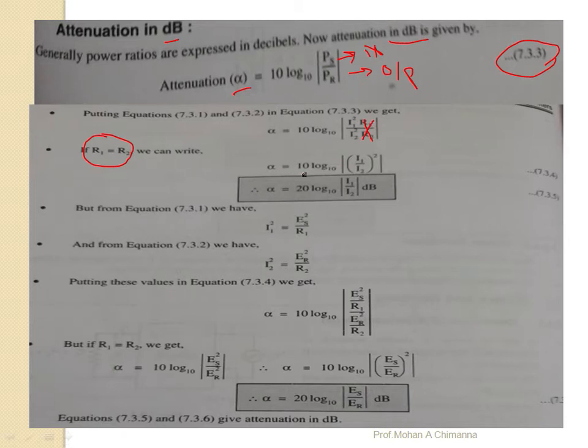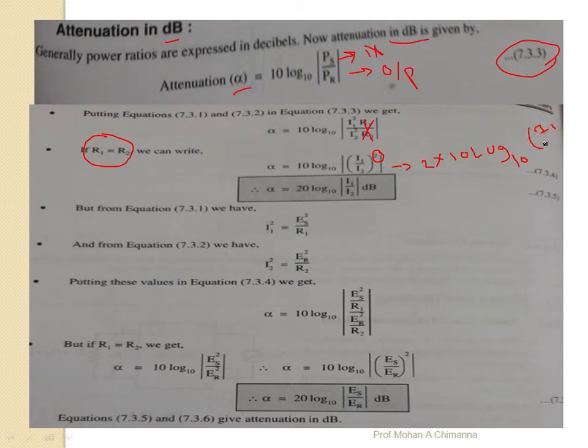Hence alpha is equal to 10 log to the base 10 of I1 upon I2 whole square. This square comes out as a factor of 2, so the power of the ratio of the input to the output current gives 2 into 10 log to the base 10 of the ratio I1 upon I2.